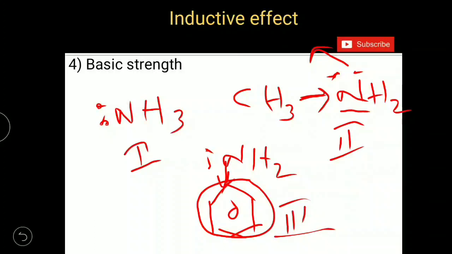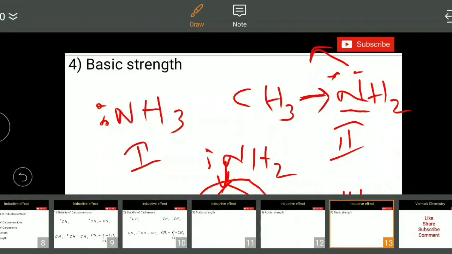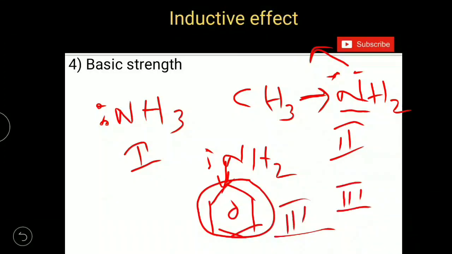So because of that, this aniline is becoming less basic than ammonia. So the order of basic strength of these three compounds is aniline is the weakest base, then ammonia, then methylamine.